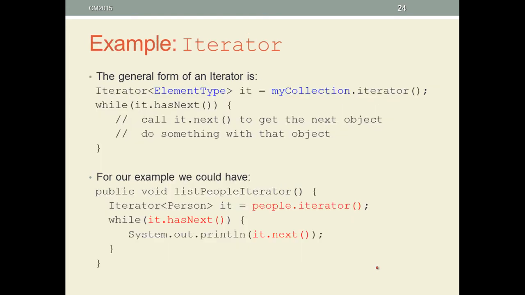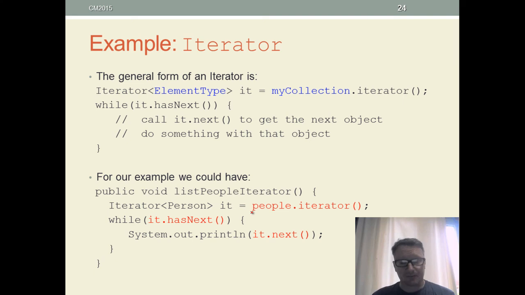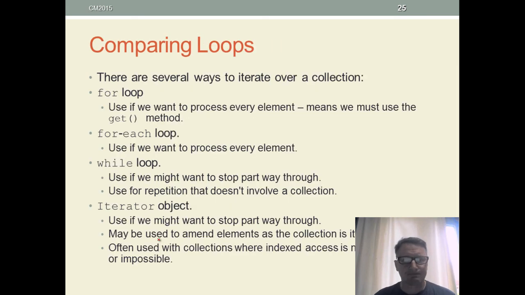It's probably best to see an example. With the people collection that we had, I've used here people.iterator. That will create an iterator of type Person, and then we can use a while loop to iterate through things. You might not ever have to use an iterator, or the situations in which you use it are pretty limited. You might be able to get away with a for loop, a while loop, or a for each, but it's there if we need it.